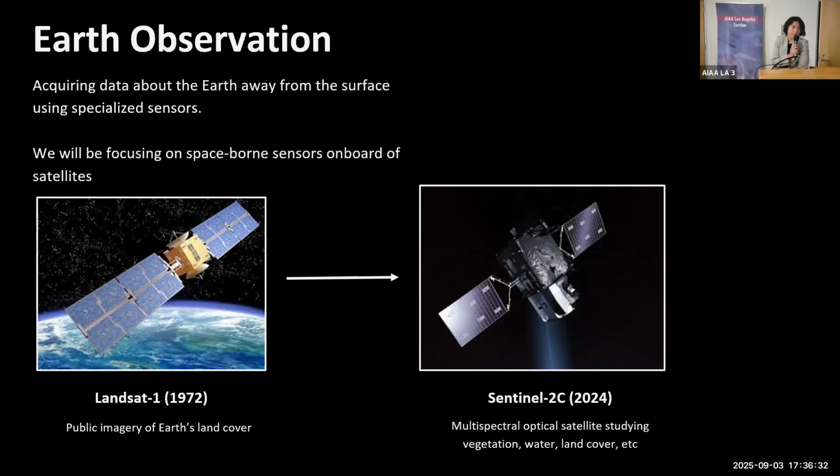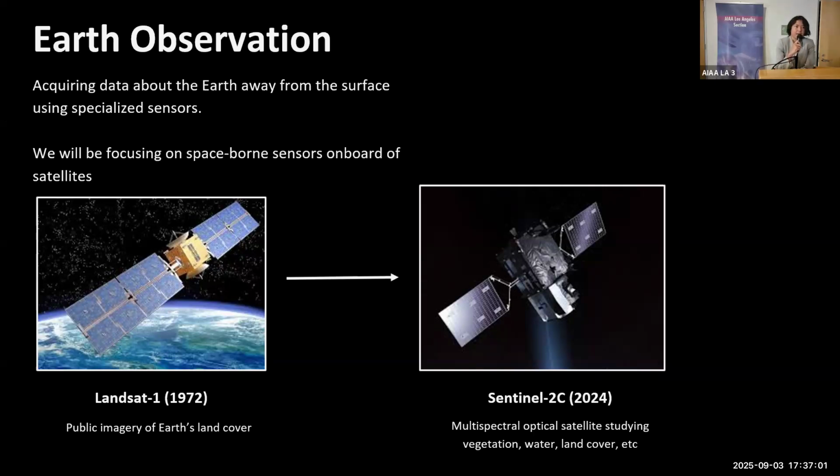The first Earth observation satellite that was specifically for remote sensing was Landsat-1, which was deployed by NASA in 1972. This provided an entire catalog of public images that analyzed Earth's land cover, such as water coverage, terrestrial bodies, and such. And now we're at the point where we have multispectral, or even hyperspectral, advanced specialized sensors on board satellites.